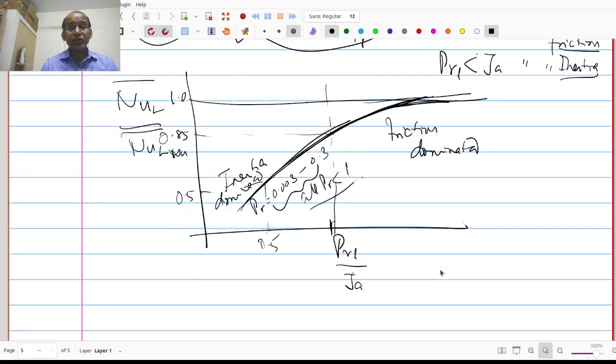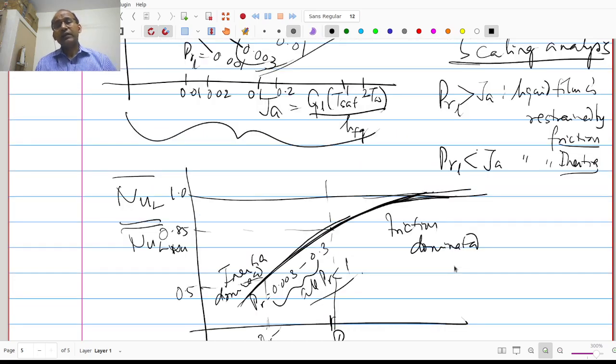Okay. So when we look at the realistic cases, we calculate the Nusselt number from the Nusselt correlation, get the correction factor from these diagrams, and then multiply it by the Nu bar Nusselt to get the correct value of the Nusselt number.